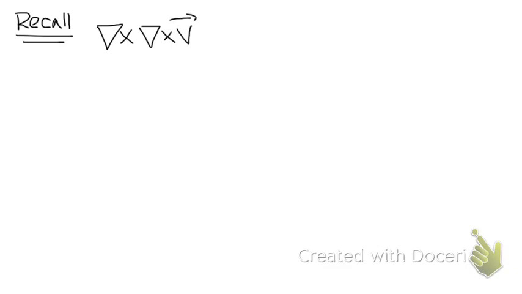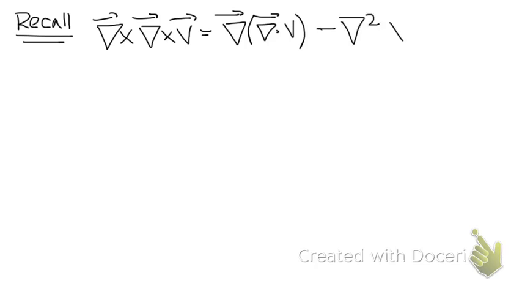And now I'm going to be using a result from vector calculus. Recall from vector calculus that the curl of the curl of some vector field V is equal to del of the divergence of my field V minus the Laplacian of my field V, right?